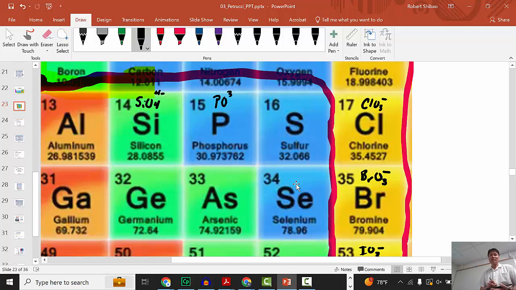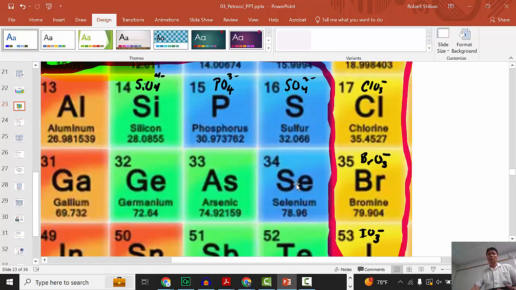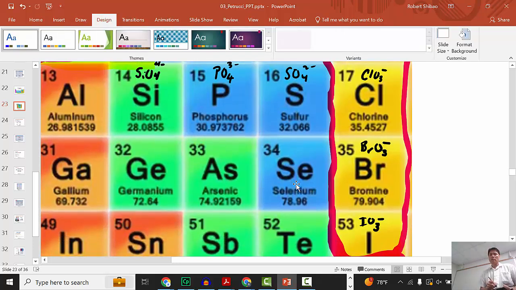Yeah, 3 minus is the correct charge. And how many oxygens? 4. PO4 3 minus. That's phosphate. Sulfate is SO4 2 minus. Good. How about selenate? SeO4 2 minus.